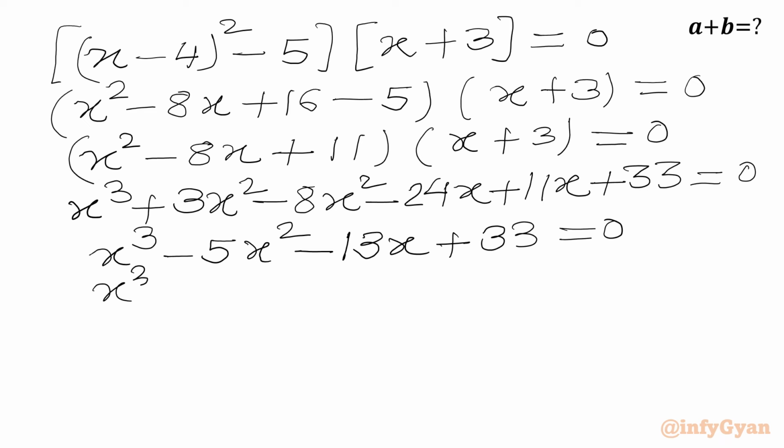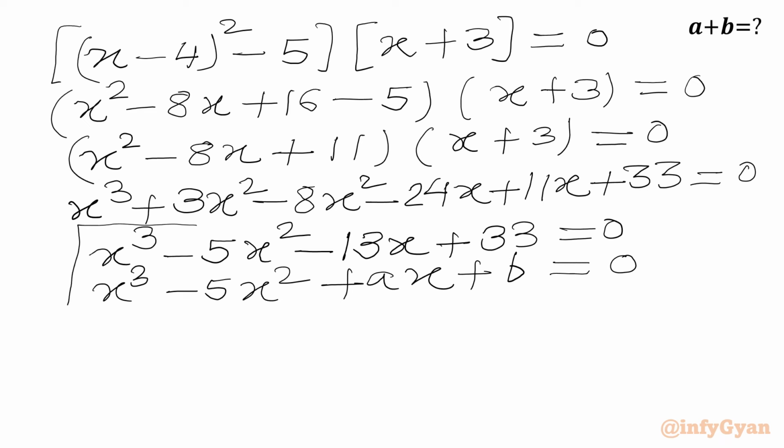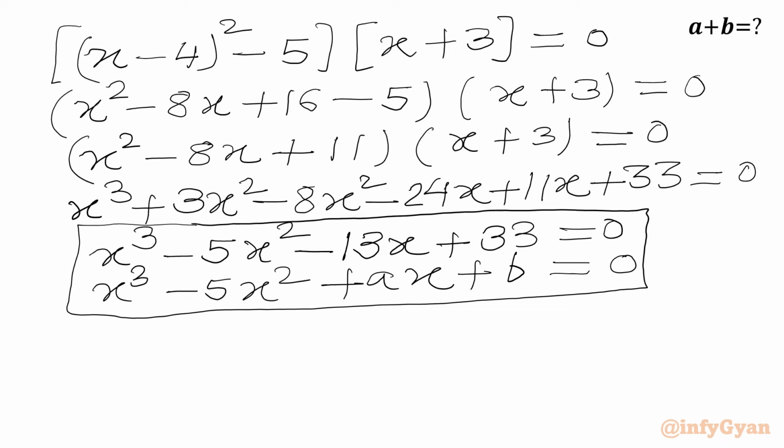Our equation was x cube minus 5x square plus ax plus b equal to 0. Now we only have to compare these two equations. We will write a equal to minus 13, comparing the coefficient of x.